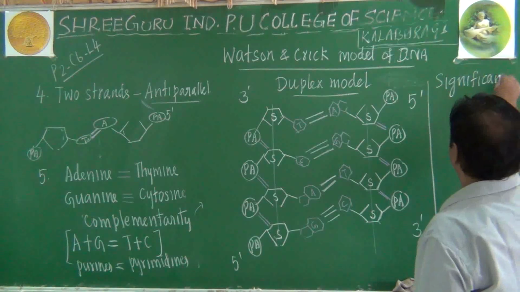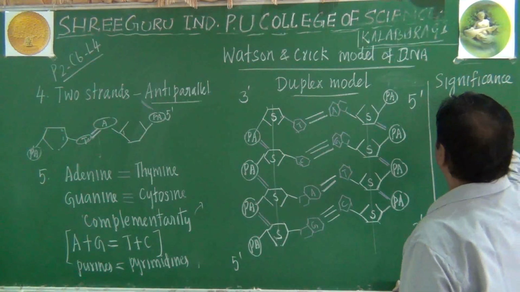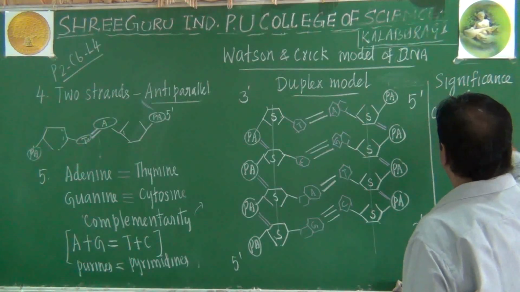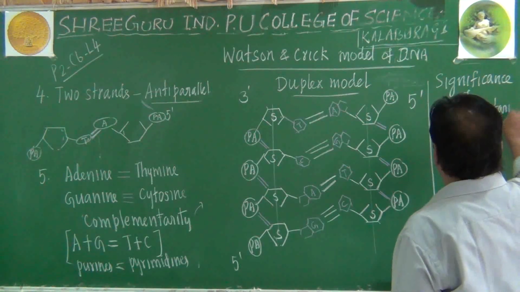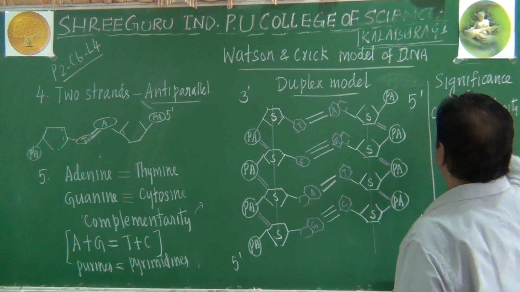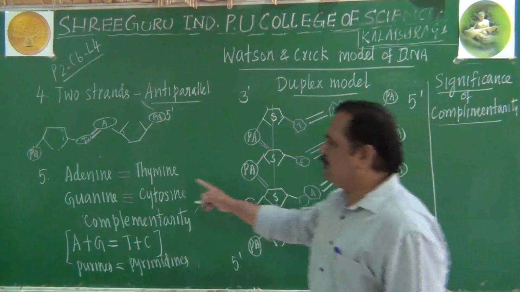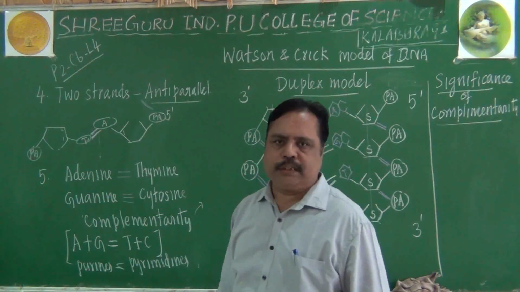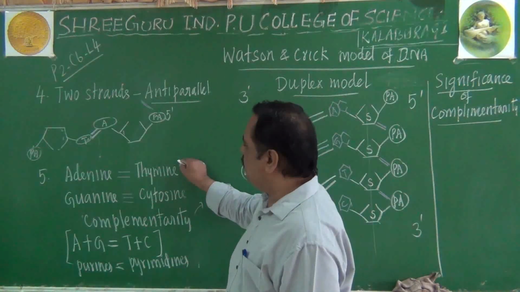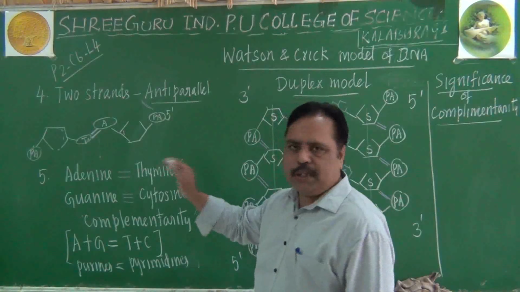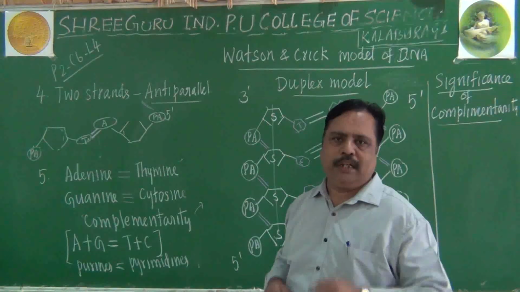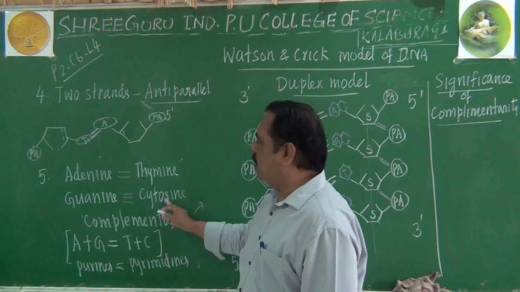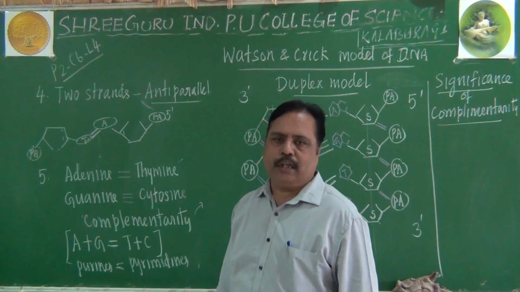If the number of adenine in a DNA molecule is known, we can automatically tell the number of thymine. If we know the number of guanine, we can tell the number of cytosine also.